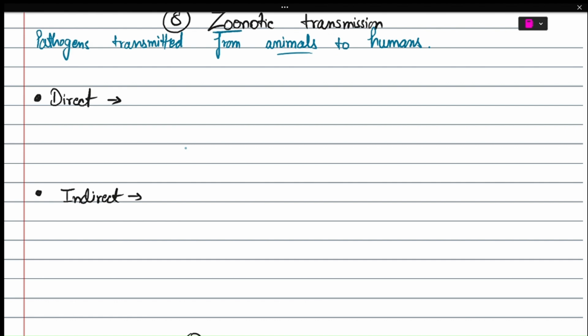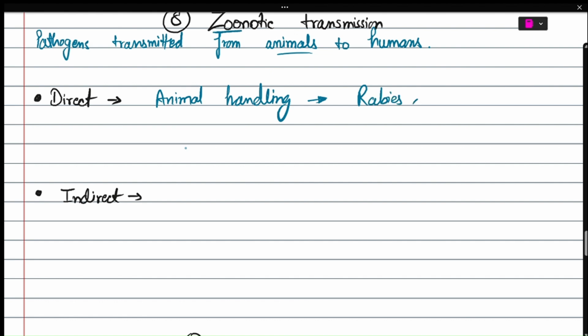In direct contact, like animal handling, whether in a zoo or in your house, many of us have a dog as our buddy, our animal friend, right? These animals can also carry pathogens, for example rabies.